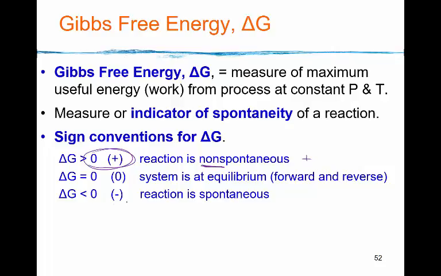If it's a negative number, then it is spontaneous. So you need a negative delta G to show it being spontaneous. If delta G actually equals 0, then it means that the forward and the reverse reactions are occurring at the same time, or they have the same probability of occurring, so that will be at equilibrium.